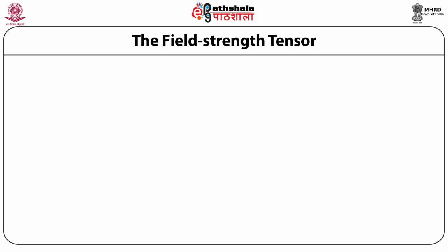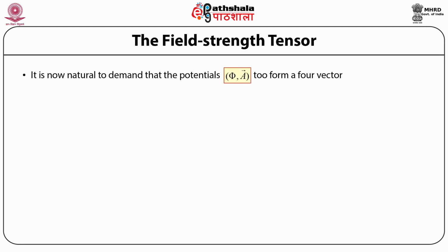The field-strength tensor. Now, after having written down the Lorentz gauge condition and the equations of the scalar and the vector potential in the Lorentz gauge, which basically satisfy the wave equations, and also defining the equation of continuity in terms of the tensorial notation, it is now natural that we look at the scalar and the vector potential also as a 4 vector quantity.